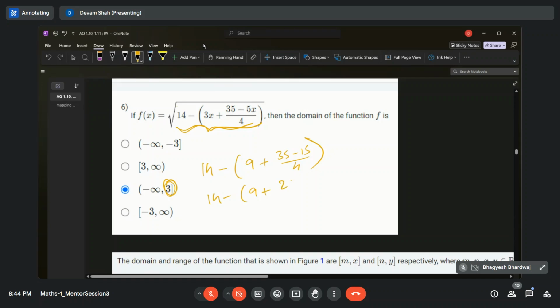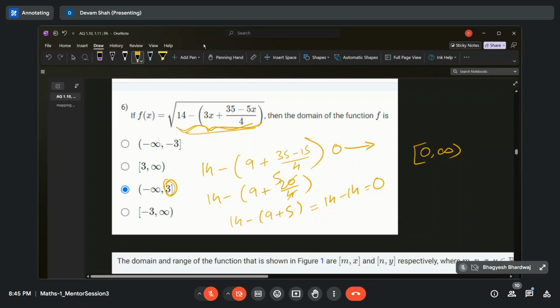This is 14 minus 9 plus 10. So this is equal to 14 minus 14, which is equal to 0. So the minimum output is just giving us 0, and then all the positive values going up. So the range of this function will be 0 to infinity.